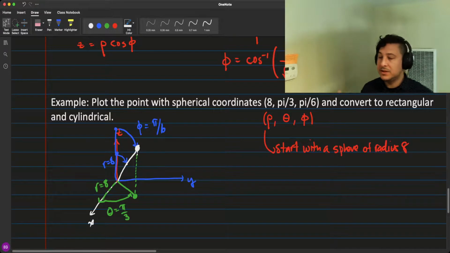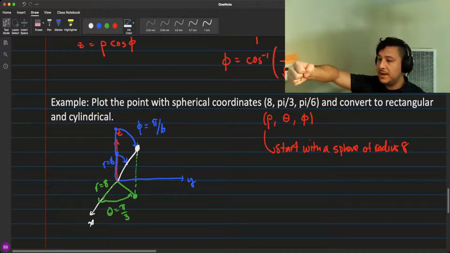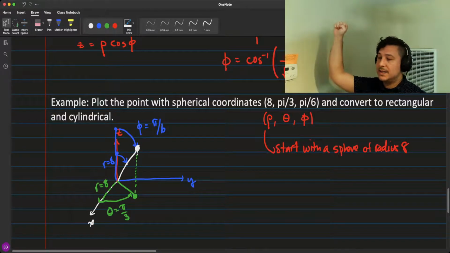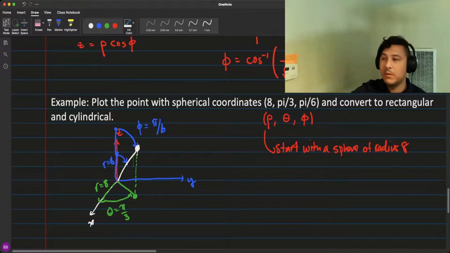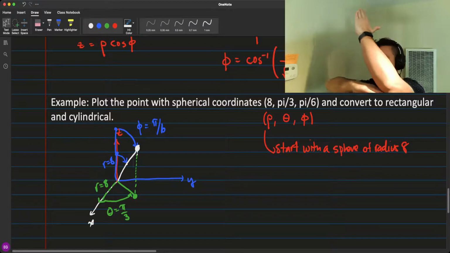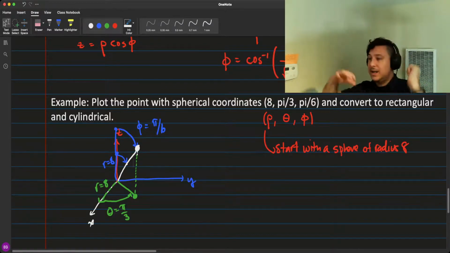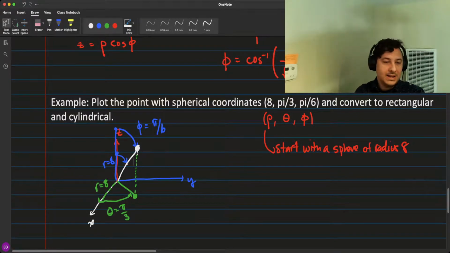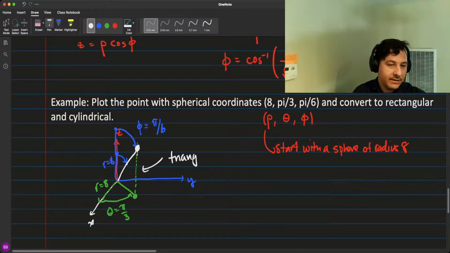So notice that there's a relationship between these two things. I start with a radius of 8 on the x-axis, and I rotated it pi over 3 radians. I got that green line. I started with a radius of 8 on the z-axis, and I rotated it pi over 6 away from the z-axis, and I got the white line. Now you have to remember that those two things are related to each other on a triangle, and the green line is the shadow of the white line, so they have to be lined up properly, which is why I get this triangle here. Does everyone see how I get a triangle where the base is in the xy plane?